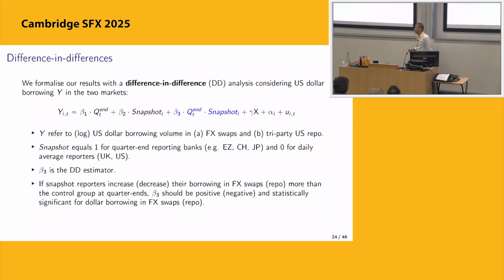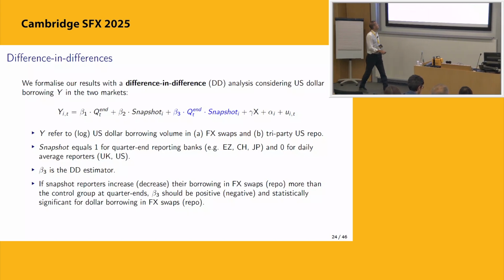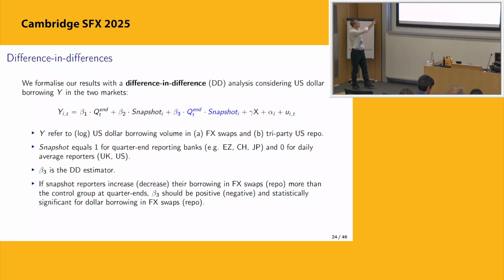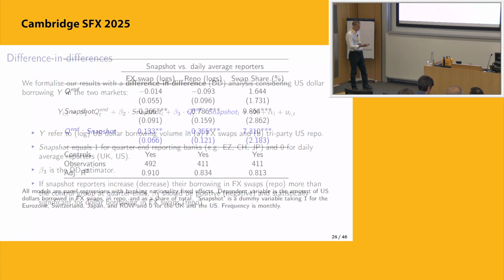So you can construct a difference-in-differences analysis where you explain the borrowing volume with your difference-in-differences estimator, saying yes, you are at the quarter end, and yes, you are a bank that is subject to the snapshot regime.